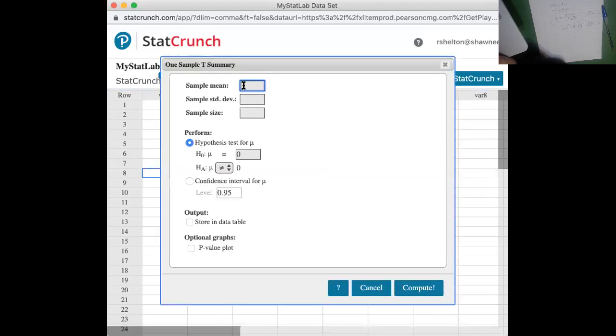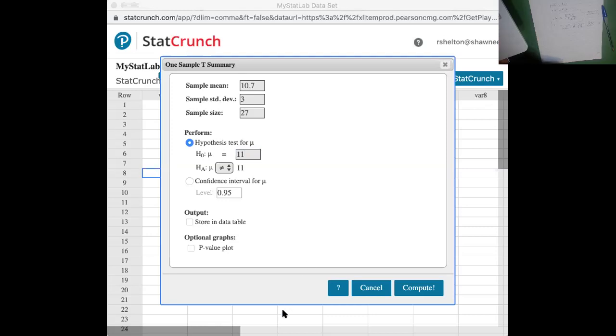So we give it our sample mean, 10.7, our sample standard deviation, 3, and our sample size, 27. For the hypothesis, we tell it the null mean was 11, and it's a two-sided test, since the problem says to determine whether it differs from mu equal 11.